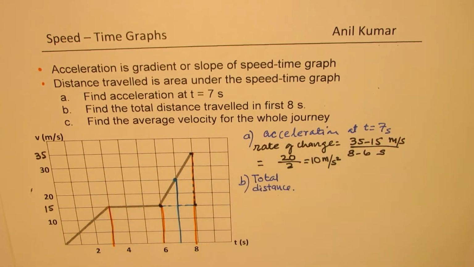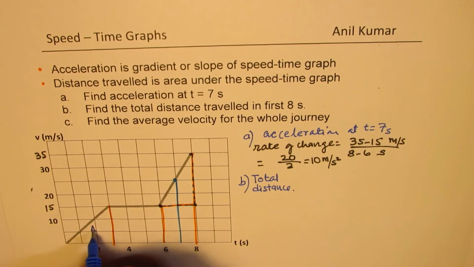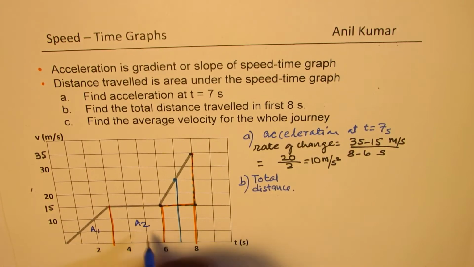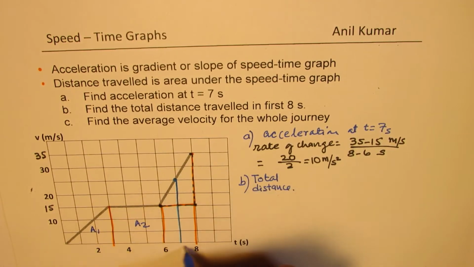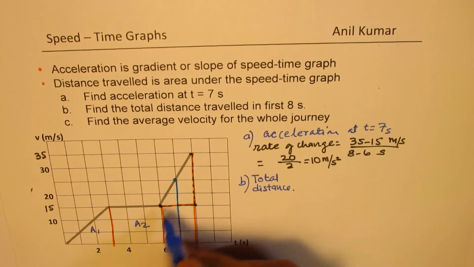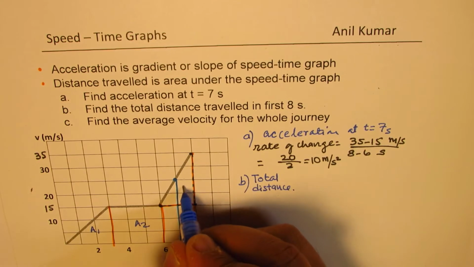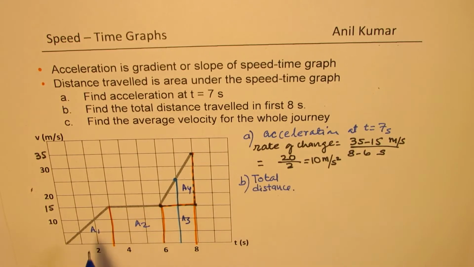You could use area of a trapezoid, or we could do it like this. So let's do it in 4 portions. We'll find area of each unit: area of 1, area of 2. You can use this trapezoid as such and then find the area, or you can say A3 and A4. No harm, right? So let's find the area.